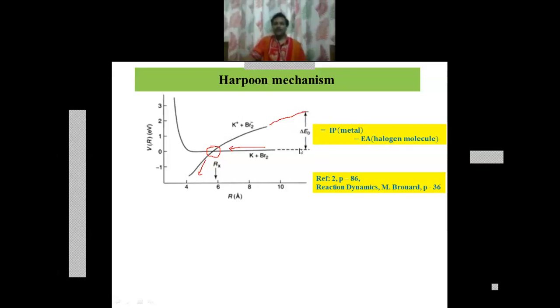That energy is going to come from the Coulomb interaction, when it follows this curve, right. Therefore, at the crossing point you can think that the two potentials are going to be the same: one is the covalent potential, and the other is the ionic potential plus the endothermicity.